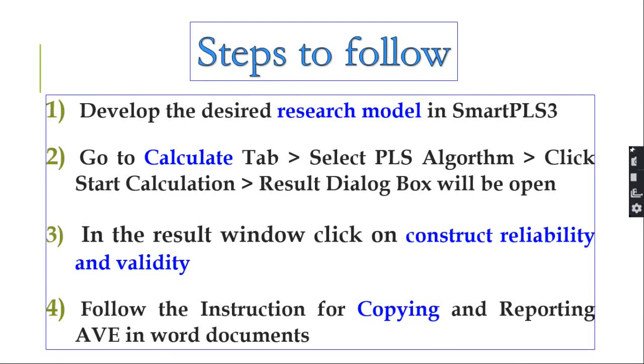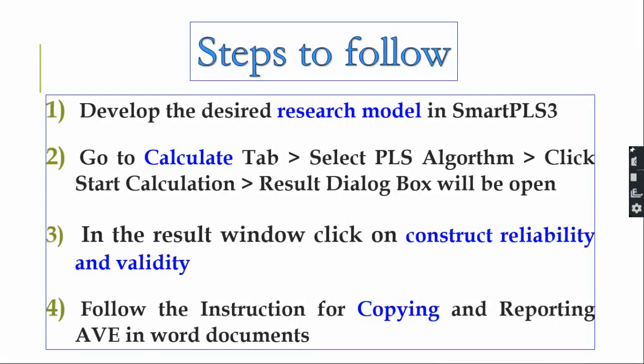There are some steps to follow in order to analyze AVE in Smart PLS3 software. First of all, we launch Smart PLS3 and, after uploading the data file, develop the desired research model. The second step is to go to the Calculate tab, select PLS algorithm and click on Start Calculation.